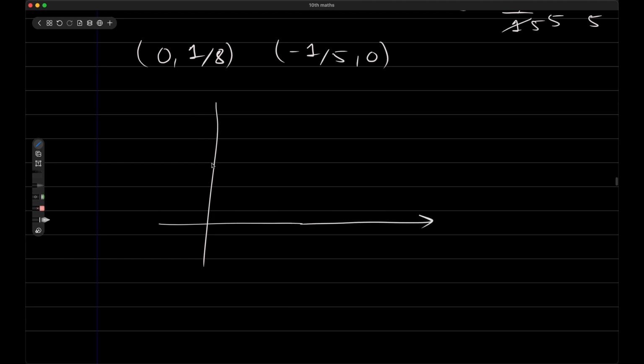X is 0, y is 1 by 8, and when x is minus 1 by 5, y equals 0. These two are the points. The line is passing through (0, 1 by 8) and (minus 1 by 5, 0). Both the lines are coincident lines.